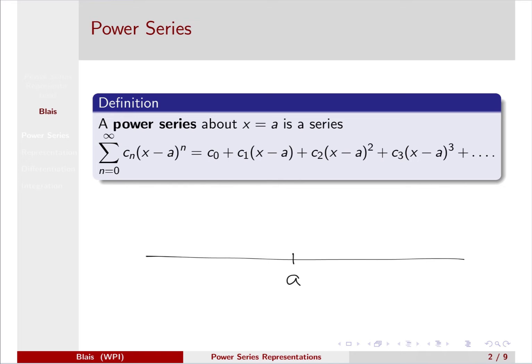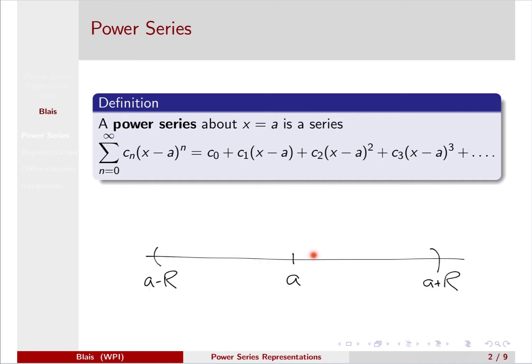First of all, we see that if you plug in x equals a, every term except c0 will be 0. And so this series converges for x equals a. But we have a radius of convergence, r, and the power series will converge on the interval a minus r to a plus r.